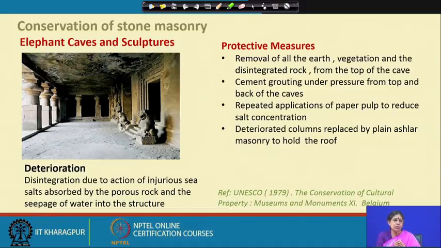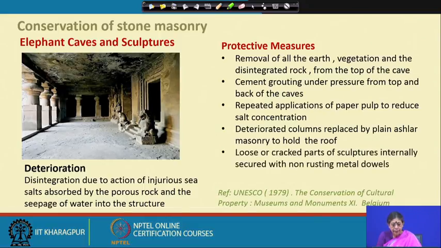Many of these columns have been rebuilt or constructed to hold the roof, and how they were done, there is some controversy, but in this case plain ashlar masonry was used, and the loose or cracked parts of the sculpture were internally secured with non-rusting metal dowels.